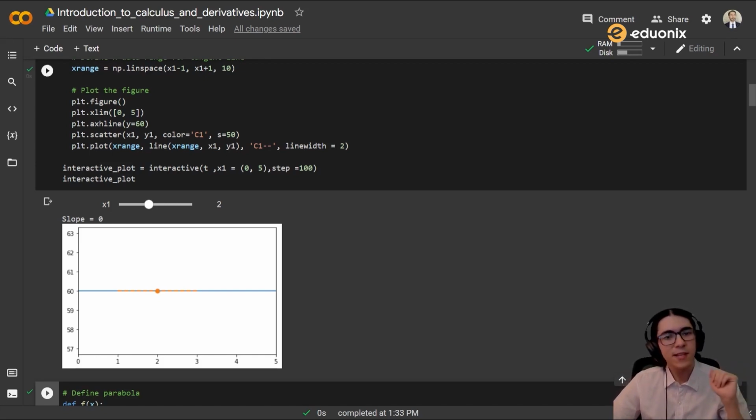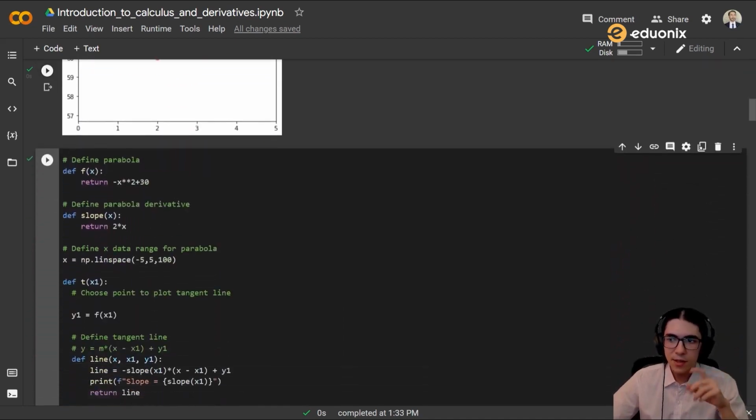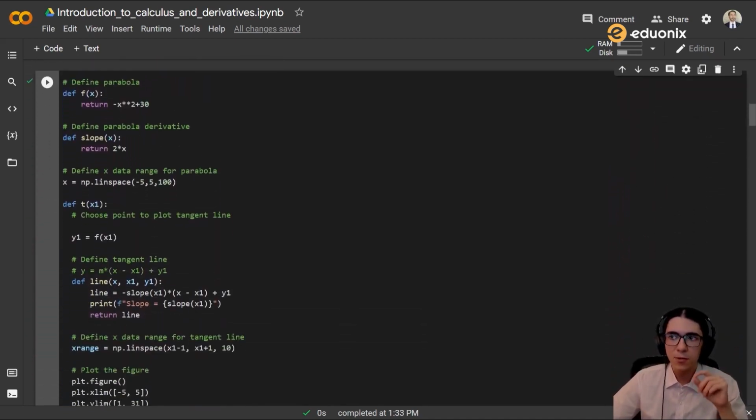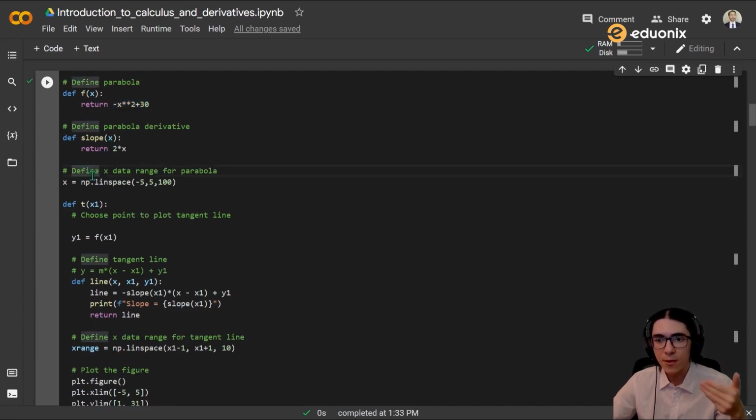But first, since we don't usually focus too much on the code in this course, let's take a moment to sift through the definitions for this function. First, we define our parabola, which is the mathematical function that we're trying to use to model the ball being thrown in the air. After that, we define the slope of the curve, or the derivative. Don't worry, we'll talk about how we actually find the derivative in a later lesson. Afterwards, we define the range of the function.